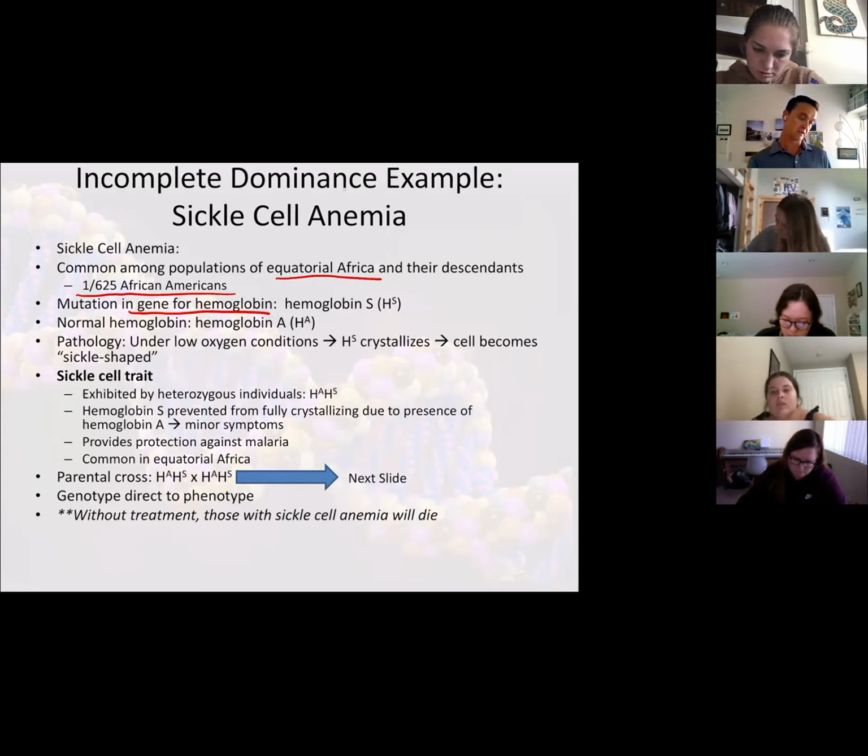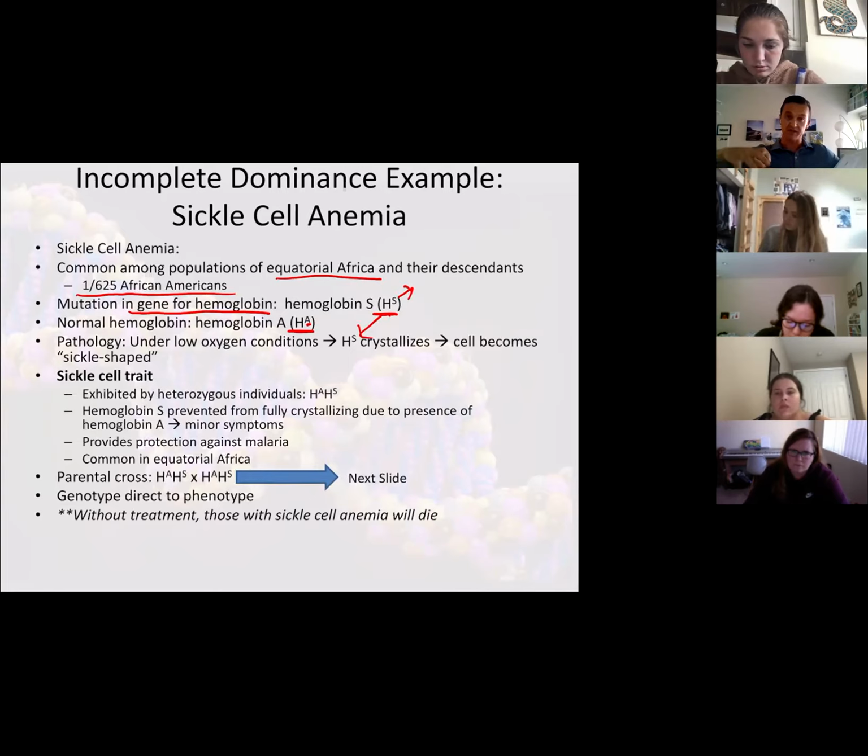Okay, so it looks like this. Hemoglobin S is the sickle cell one. Okay, so that would be the one leading towards sickle cell anemia, the actual disease. Normal hemoglobin looks like this. It's a H with an A. Okay, and so the pathology here is when you have this HS and the blood cells get low oxygen levels, it makes the hemoglobin crystallize and turn into these long rods stuck in the red blood cells.